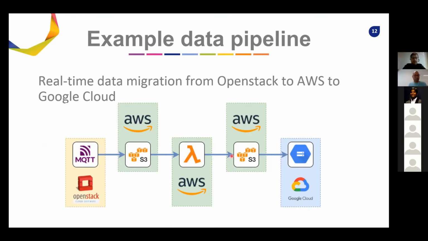And once the Lambda function has stopped its execution and written the output to another S3 bucket, then we want data to be automatically migrated now to a Google Cloud storage where we might have some other applications running. And this is what we want RADON data pipelines to enable, this kind of automated real-time migration of data between different clouds and different storage systems and cloud systems in general.